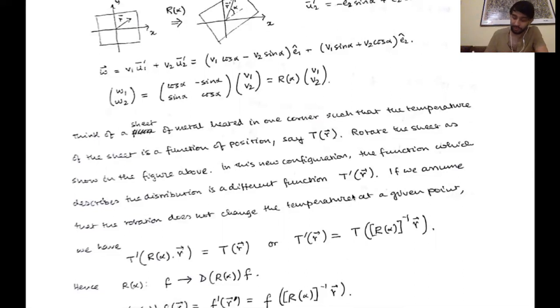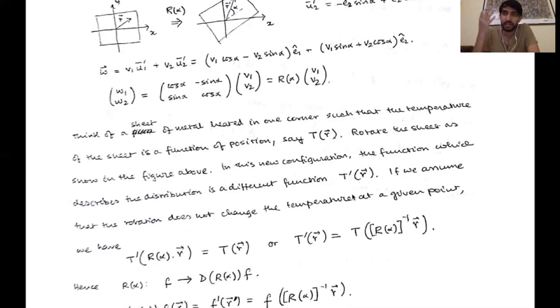So what we are going to have is T primed on this changed r. So T primed at r primed is going to be equal to T of r. So for example, something is at 15 degrees at some point. This is at 15 degrees. Just because you've rotated the sheet, it doesn't mean that the temperature of this point has changed.